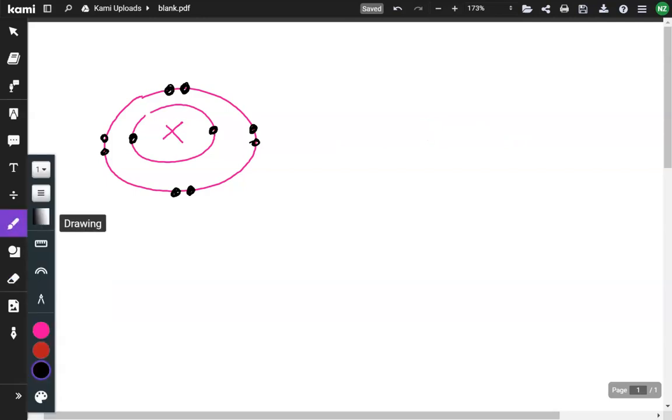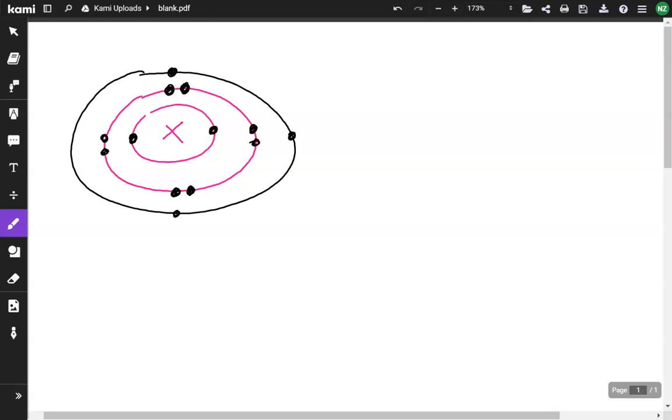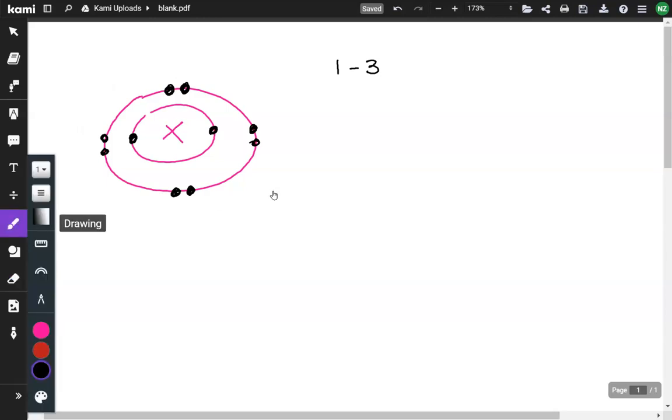Now, it's not easy for everybody to get to 8. Sometimes you need a lot to get to 8. So in this example, I have 3. If you have between 1 and 3 valence electrons, you are going to lose them to get a full outer shell below.